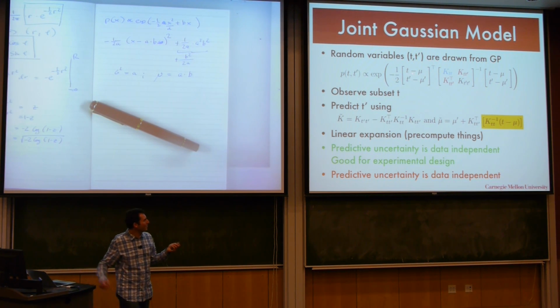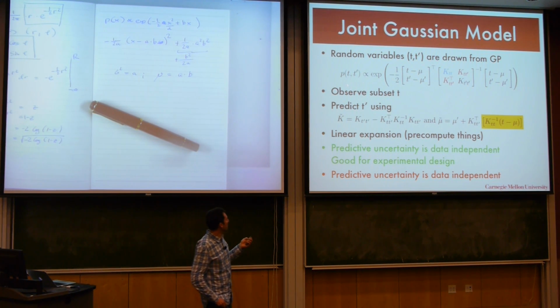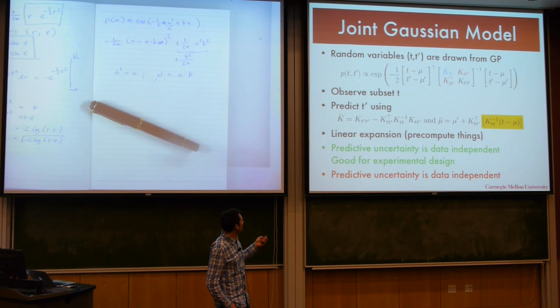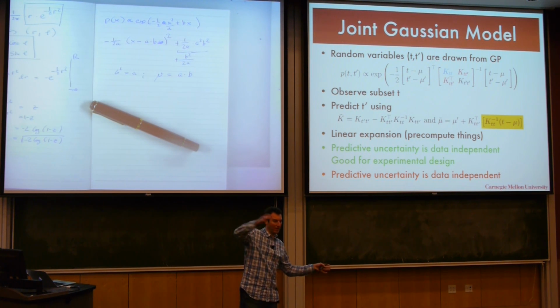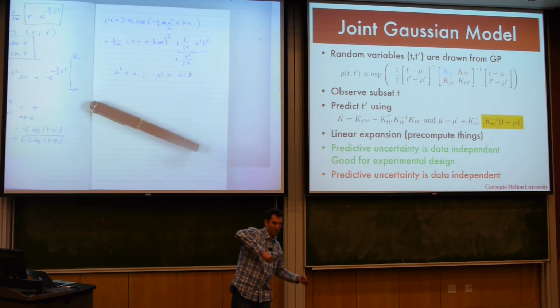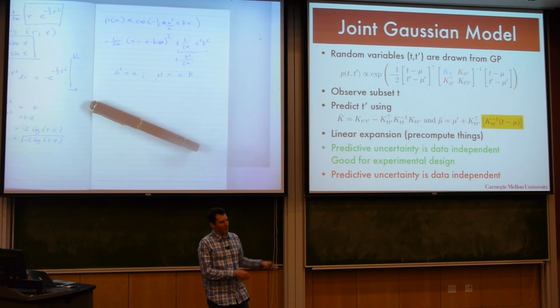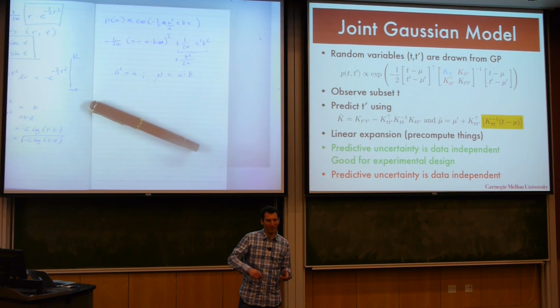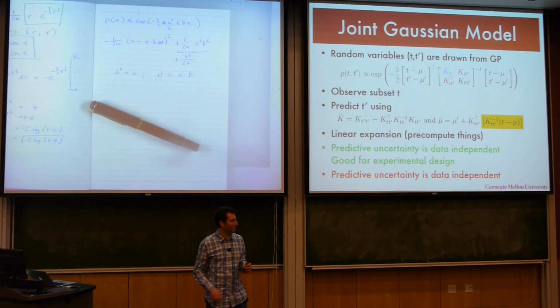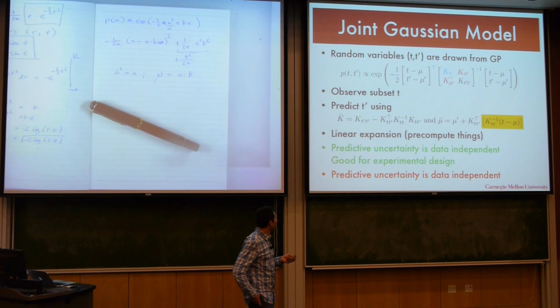The idea now is that we observe those t's. We want to infer the t primes. So the t's might be function values at a couple of locations, and the t primes might be function values at a couple of others. Or the t's might be height and weight, and then maybe the t primes might be the age, or maybe the cholesterol level, right? Stuff like that.